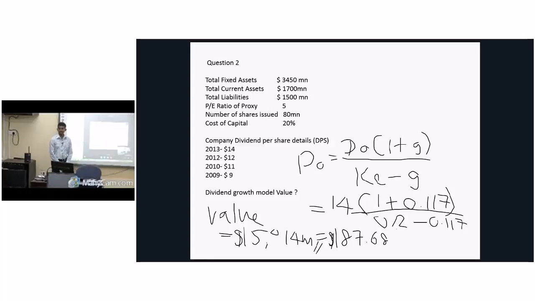Sometimes yes. The firm may grow at 25%. Some firms grow at 100%. What do you mean by 100%? This year, let's say the asset base is 100 million. Next year, we have doubled it. Is it possible? It's possible.